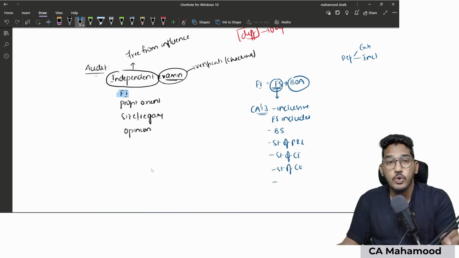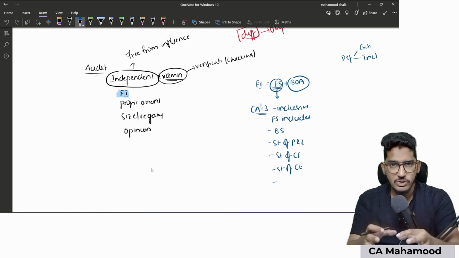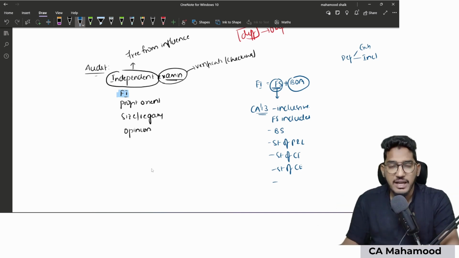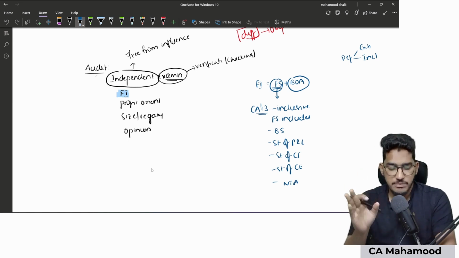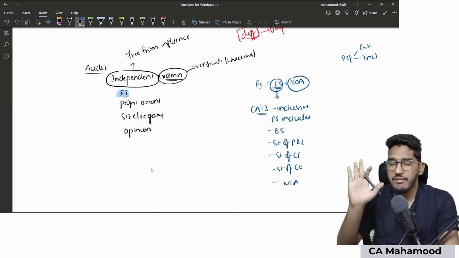It includes even notes annexed to or forming part of financial statements. Annexed means attached to the financial statements. In the terminology which we are aware of, nothing but notes to accounts. So financial statements as per Companies Act is an inclusive definition, and that contains 5 components.